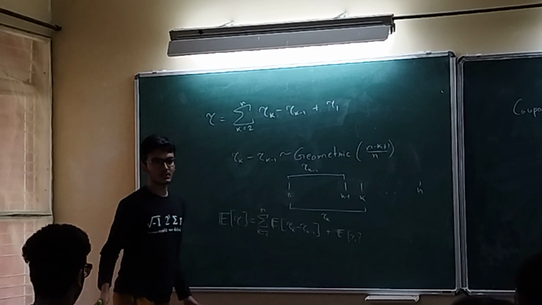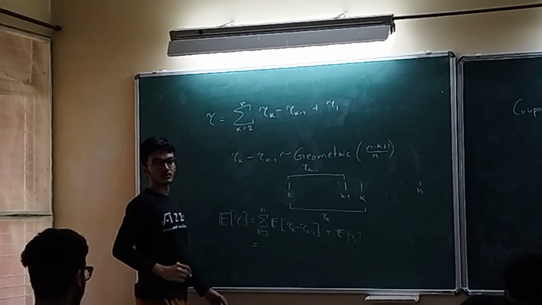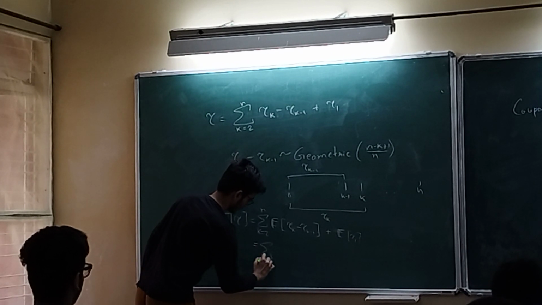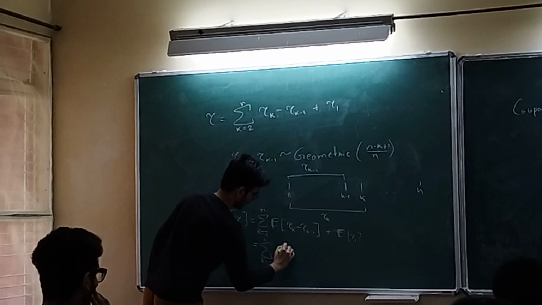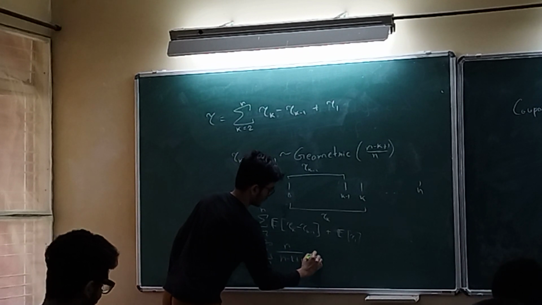Now, tau 1 is a deterministic time, so the expectation has to be 1. And we know the expectation of a geometric, right?